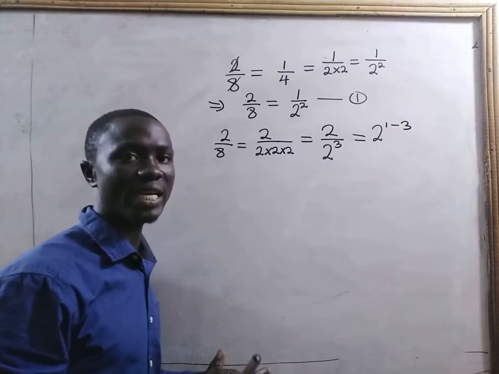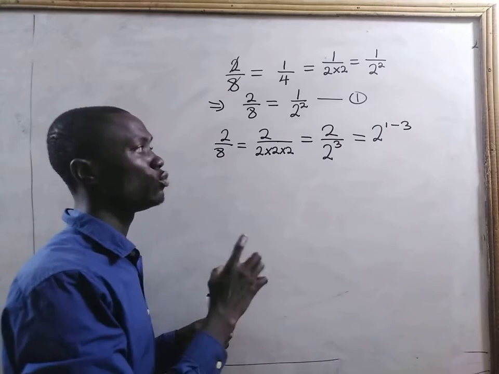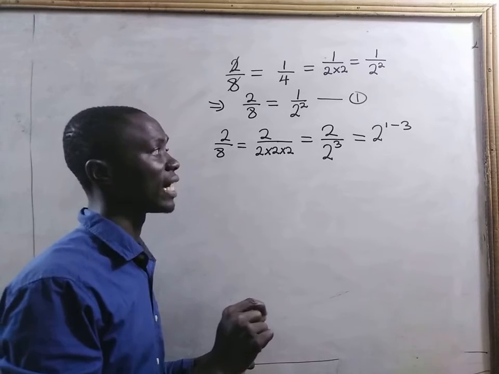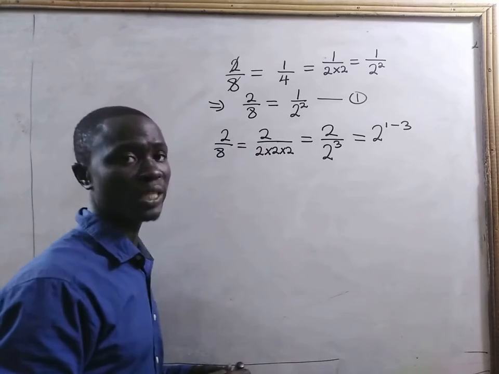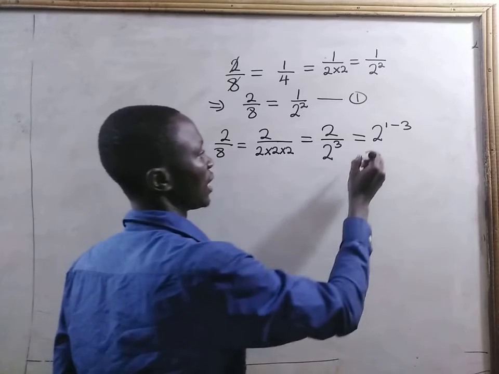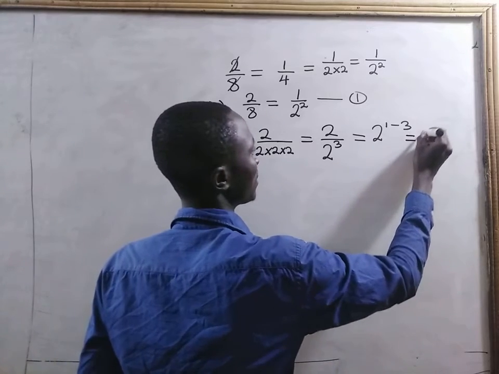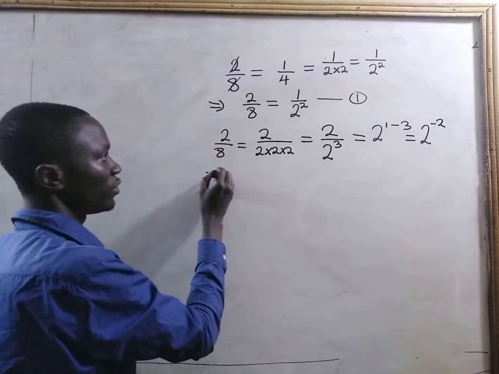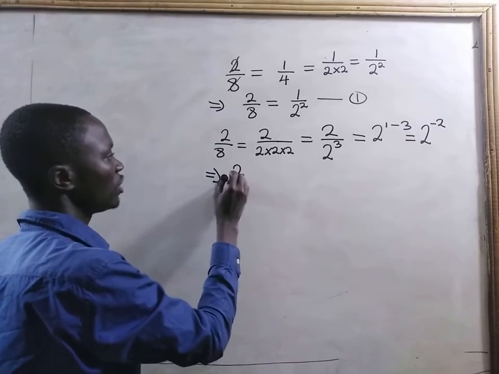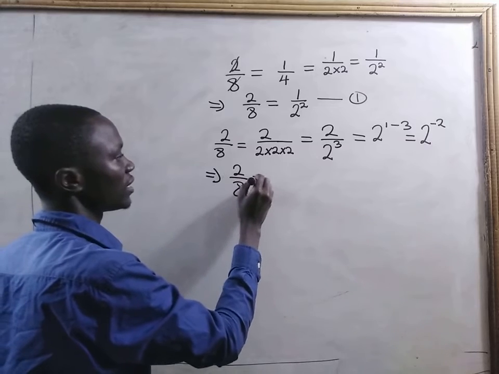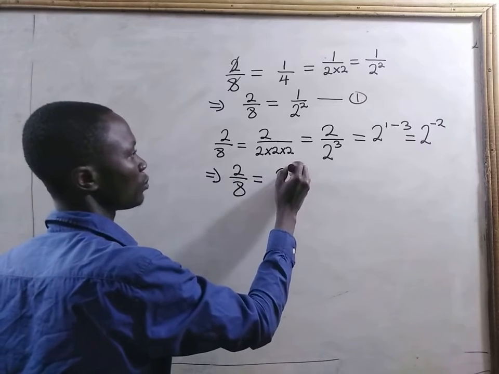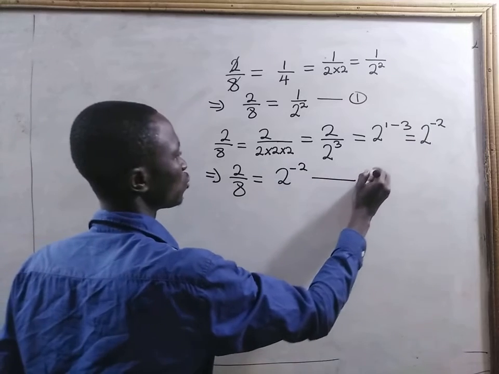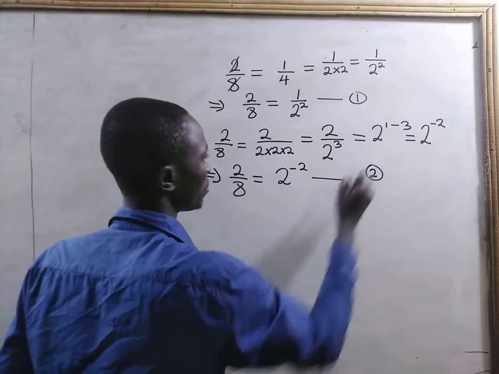That is, to divide numbers written with the same base, we subtract the exponent of the denominator from the exponent of the numerator. That is what we've done. And this gives us 2 exponent negative 2. So this implies that 2 divided by 8 is equal to 2 exponent negative 2. Let's name this one equation 2.